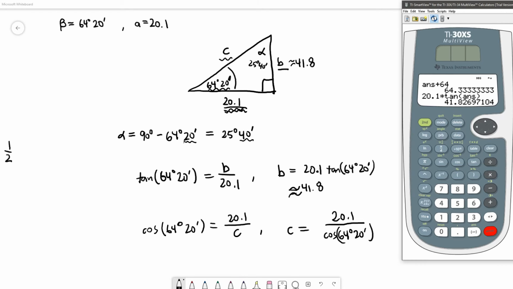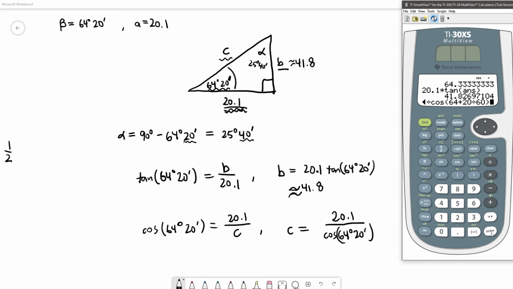So I'll get the calculator out again, and I'll just get this all done at once. 20.1 divided by cosine of 64 plus 20 divided by 60. I hate the fact that this calculator uses a division sign so much.